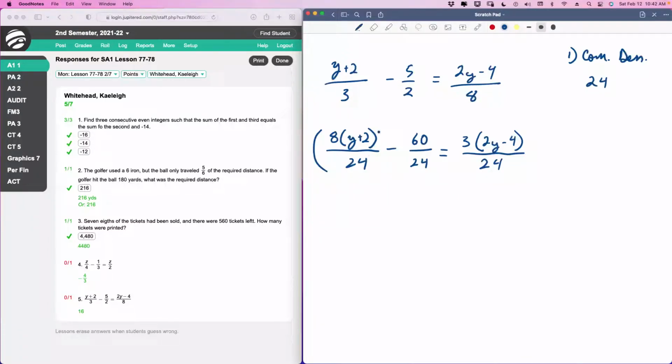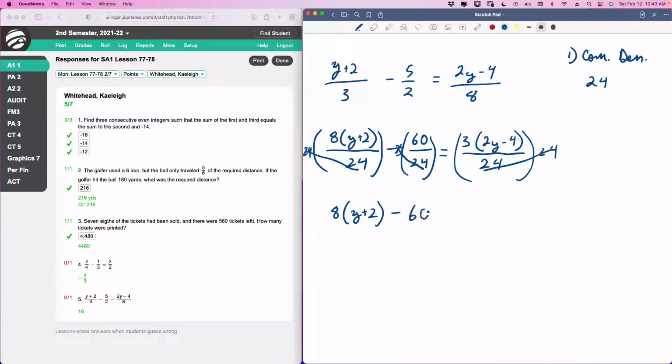So if I multiply this by 24, and this by 24, and this by 24, this cancels, and this cancels. So I'm left with 8 times y plus 2 minus 60 equals 3 times 2y minus 4. All right? That is why we do the common denominator.